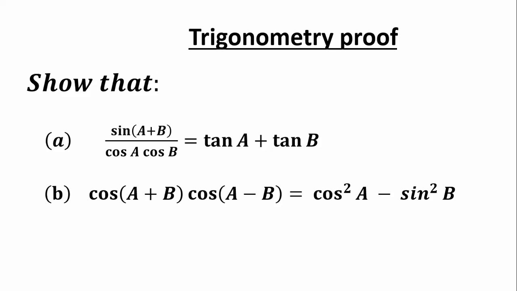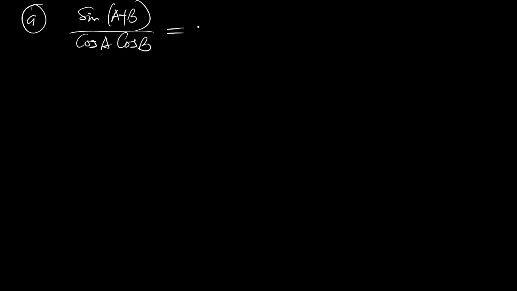Now let's begin. The first one we have sin(a + b) divided by cos a cos b is equal to tan a plus tan b.